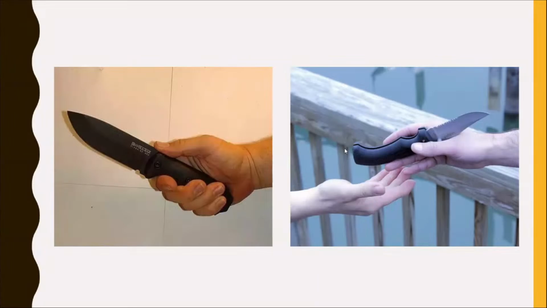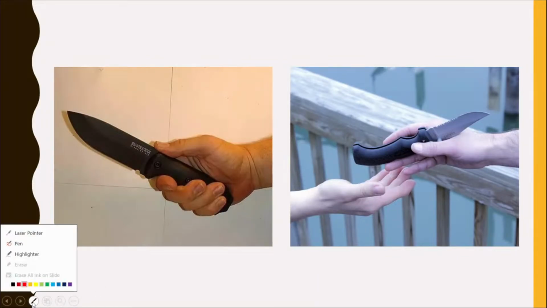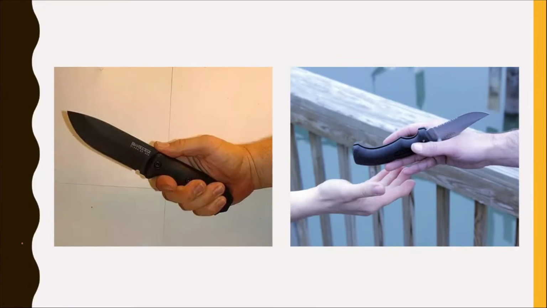Especially if you're giving a knife to a person, you are not going to give it in this way. This is incorrect because the other person may have to hold it from the cutting side, right? Therefore, this is the correct way when you are giving a sharp tool or sharp knife to another person.